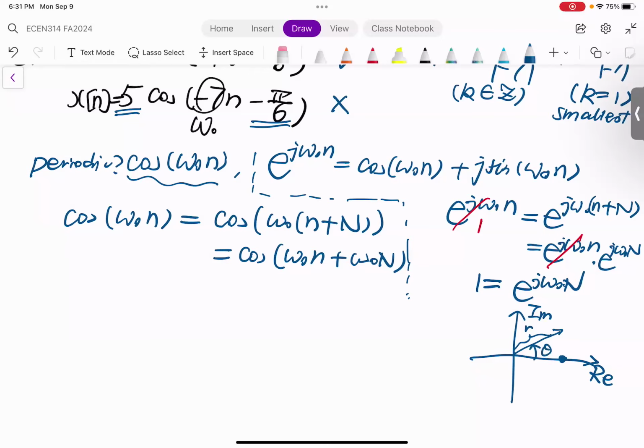So this is our e to the j theta, and our r equal to 1 and theta equal to omega naught N, and in our case it's this point, so this theta is 0 or 2 pi or integer multiples of 2 pi.